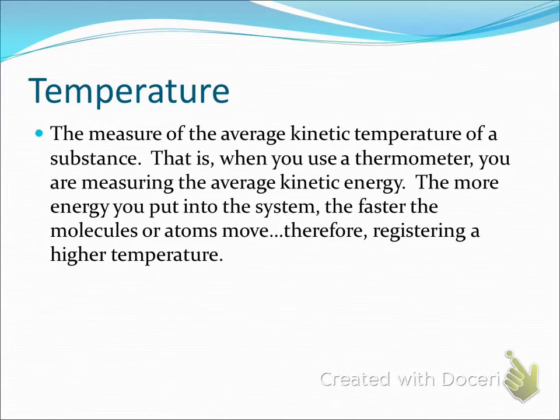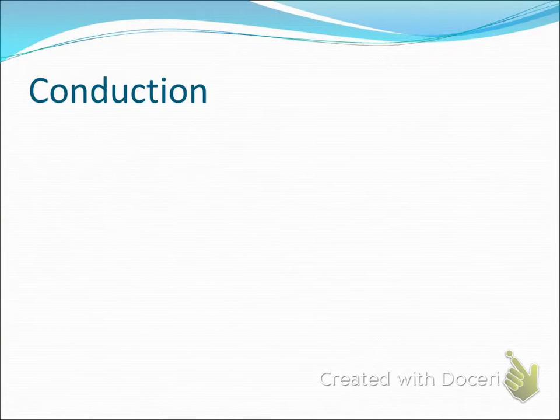So you're really measuring the speed of those molecules. The more kinetic energy you have, the faster they go. And when you think of the kinetic molecular theory, which is something that you probably would have taken in chemistry, the more energy you add, the faster those molecules go, and that's really what the thermometer is actually measuring.